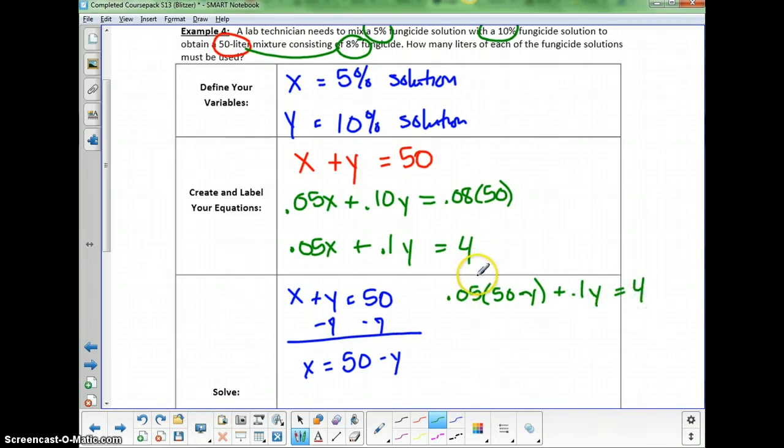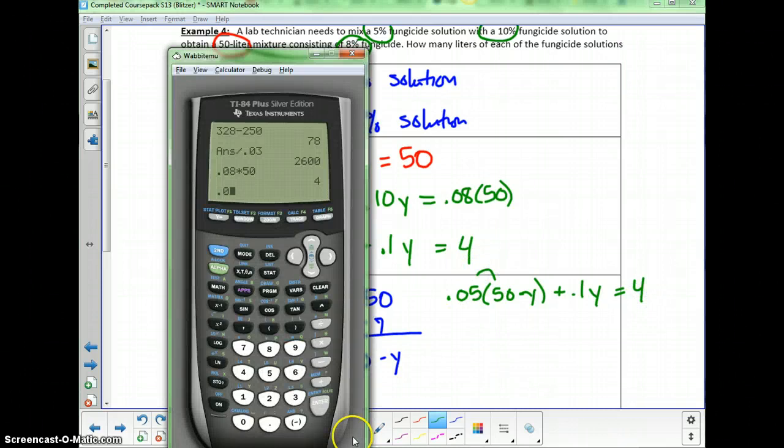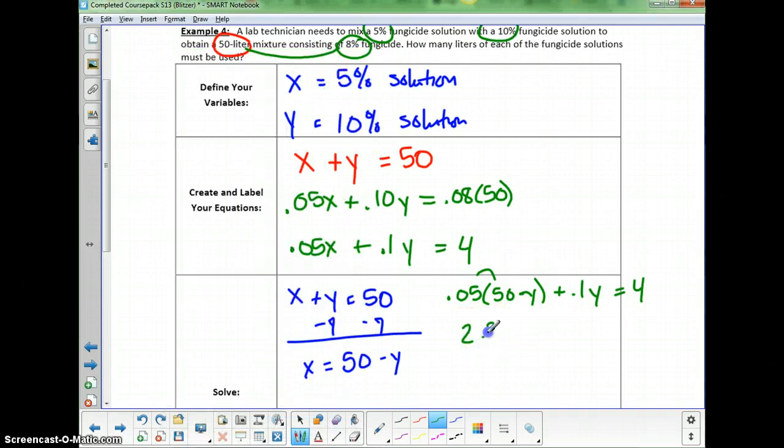So let's distribute. Now I've got 0.05 times 50 is 2.5, minus 0.05y, plus 0.1y equals 4.